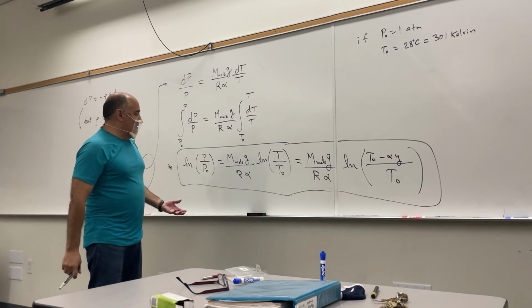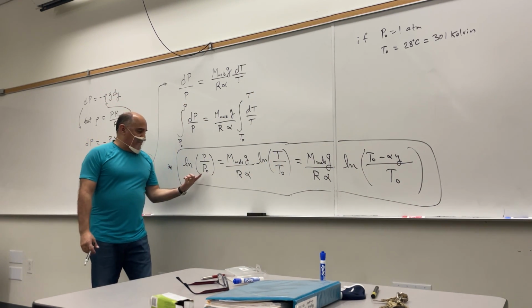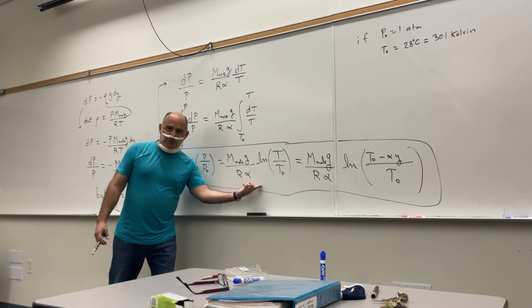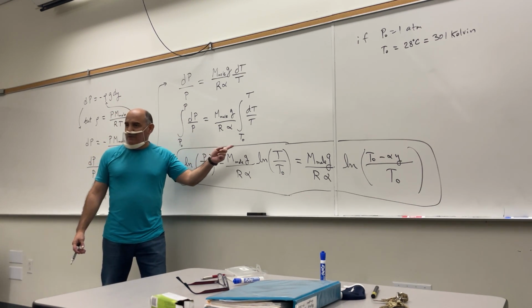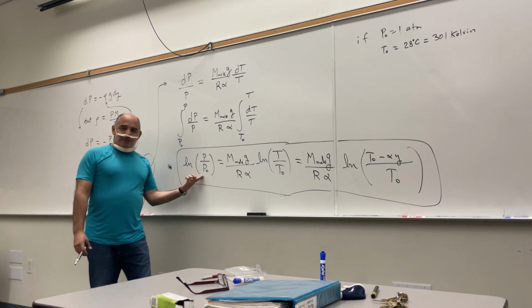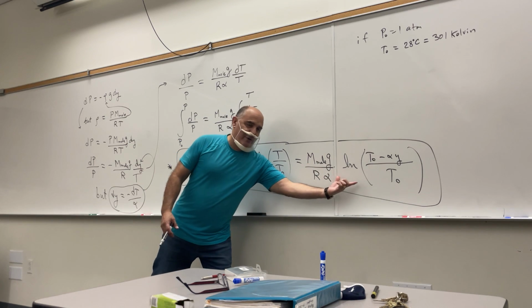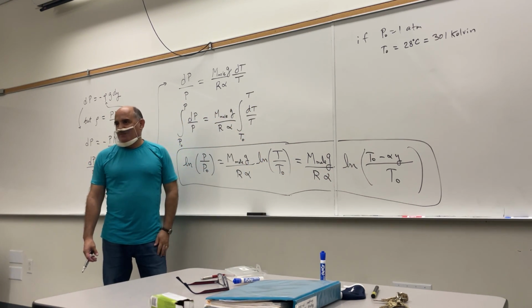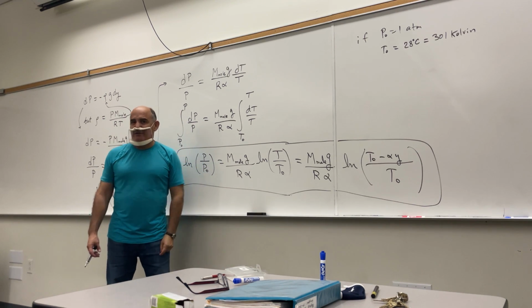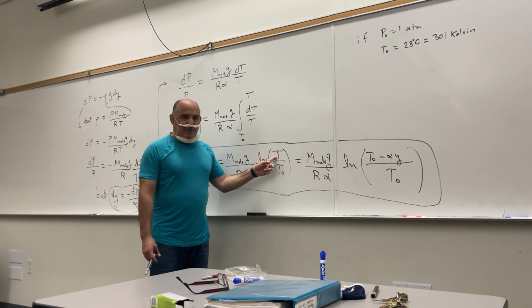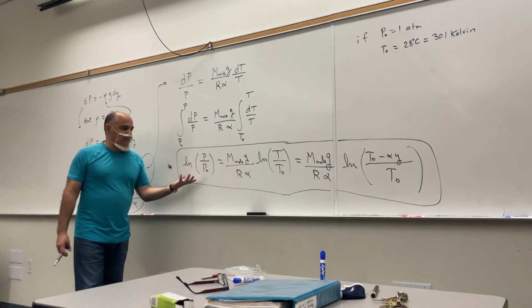So if I use this part equal to this part, it relates the pressure to the temperature. If I use instead this part equal to that part, then it relates the pressure to the height. Give me the elevation, I'll plug it in there, and then I'll tell you the height. Or you can use this separately, given the height, and then use this equation over here. So they're all the same.